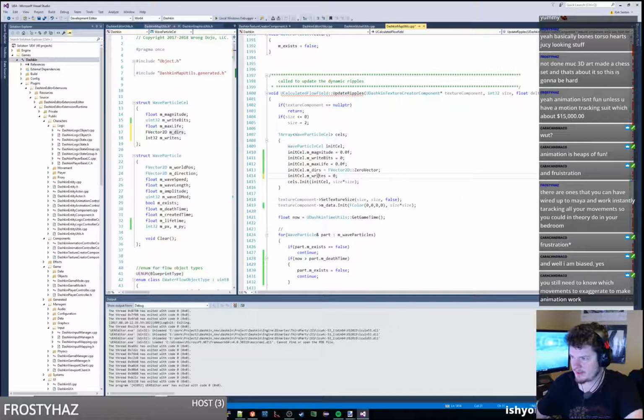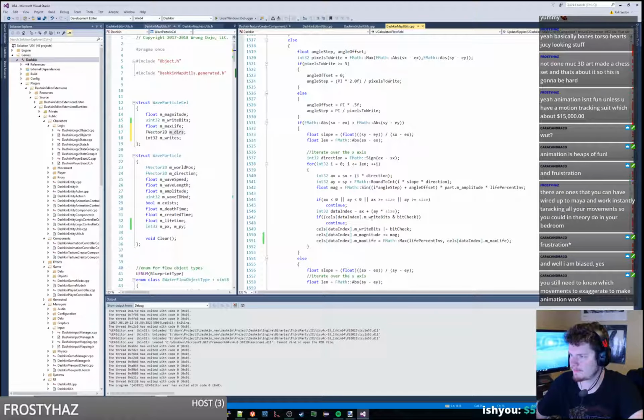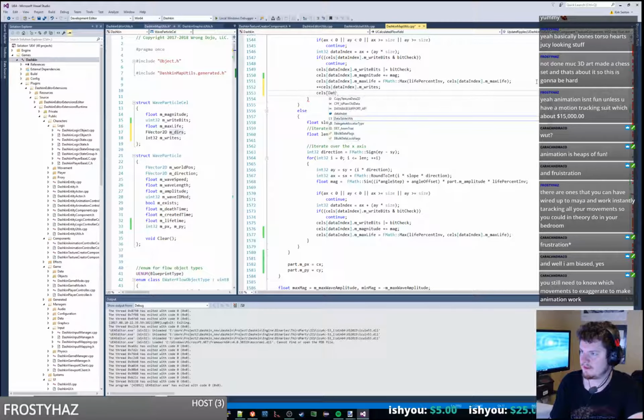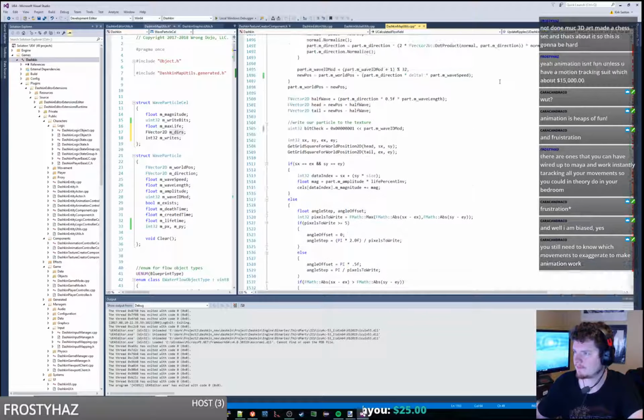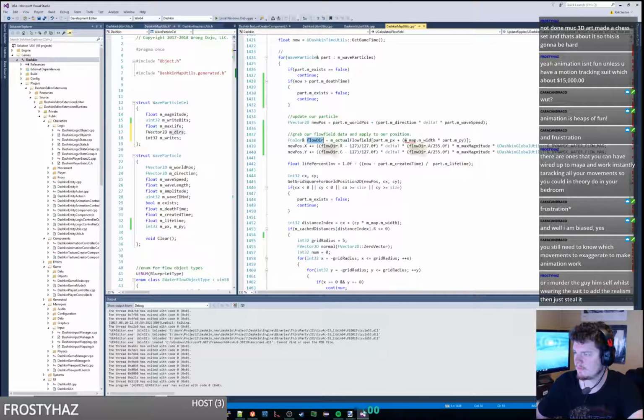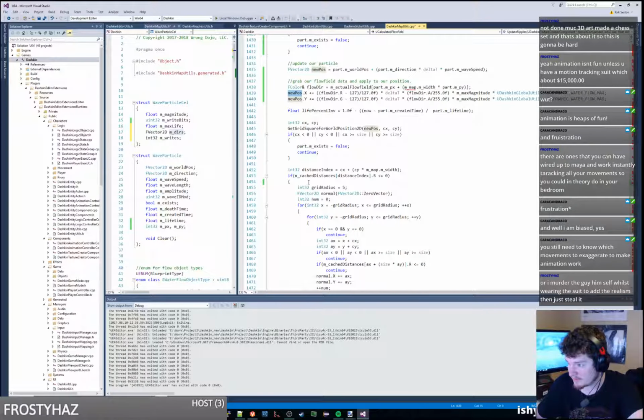I need to spell writes properly. Alright, so cells data index dot writes plus plus and all that. And cells data index dot endures plus equals what? Part dot endure? Because I also looked up this.